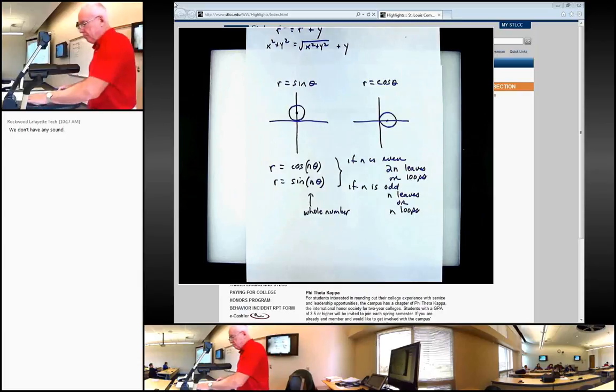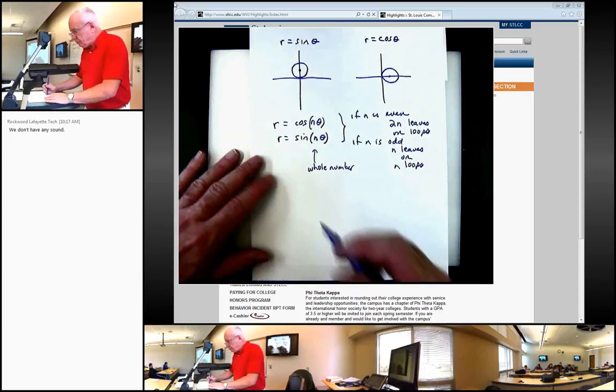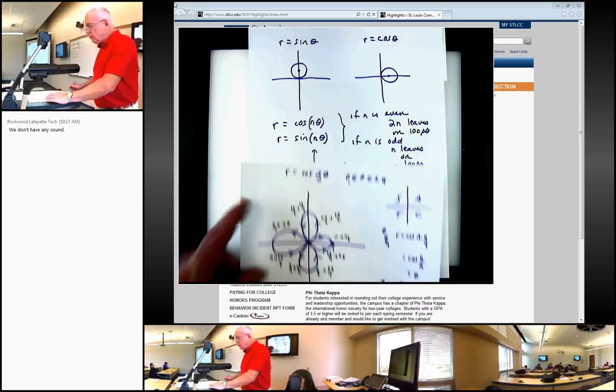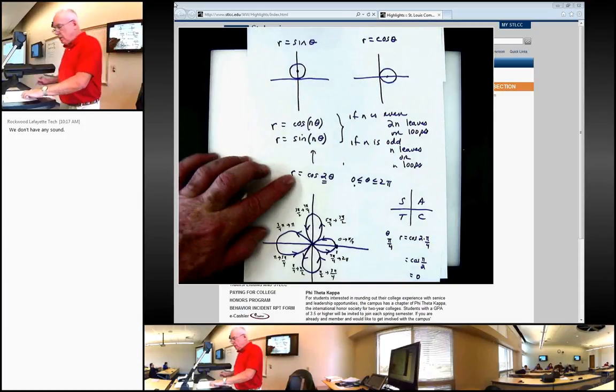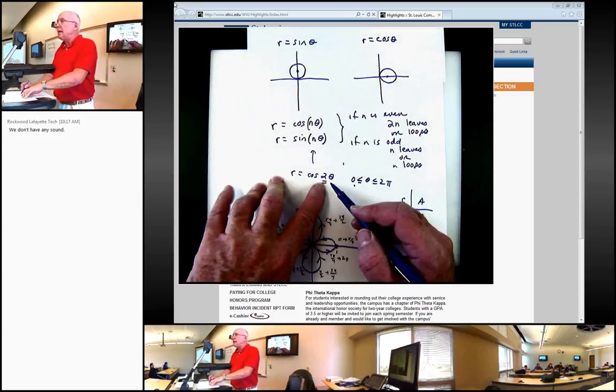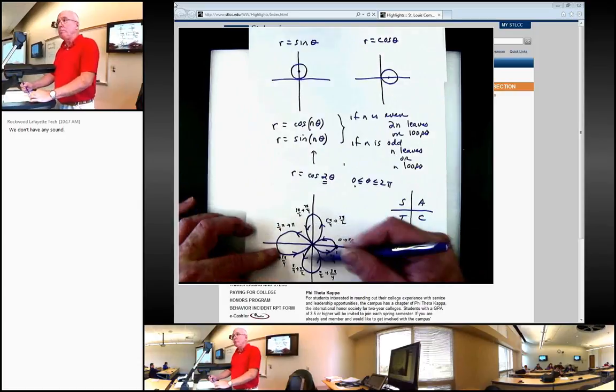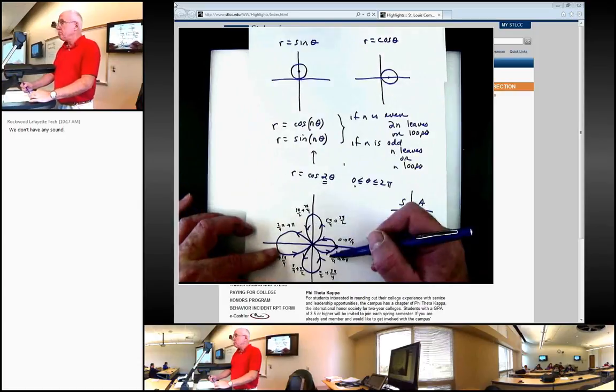Okay. And we saw that previously here with the cosine of 2 theta. This is an even number, that's our n, and notice we had 4 loops with that one, okay?